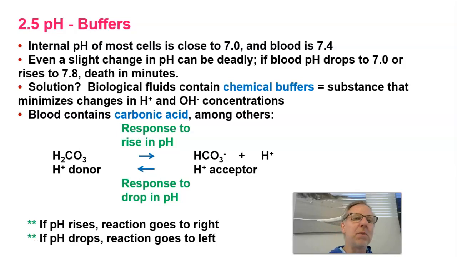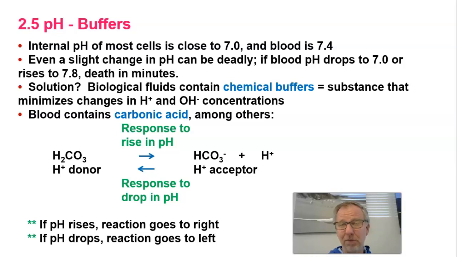Now, the internal pH of most cells, the cells in your body, a bacterial cell, an amoeba, is pretty close to 7. It's pretty close to neutral. Our blood pH, by the way, is 7.4. So is that basic or acidic? Slightly basic. Even a slight change in pH can be deadly.